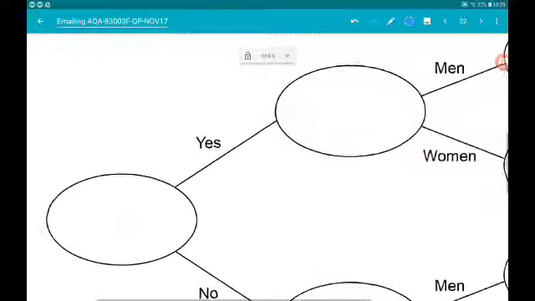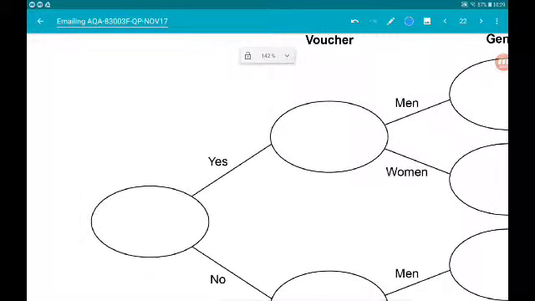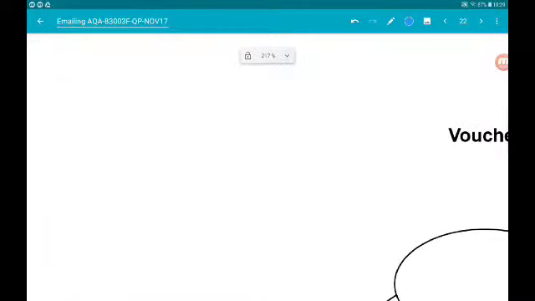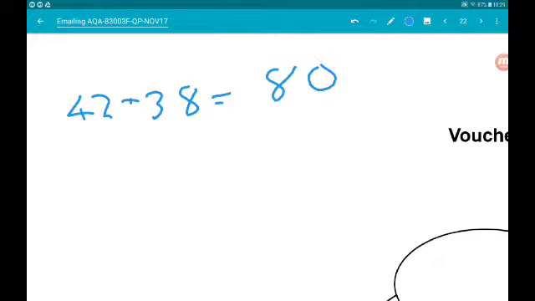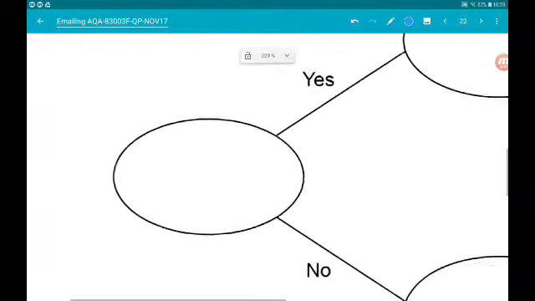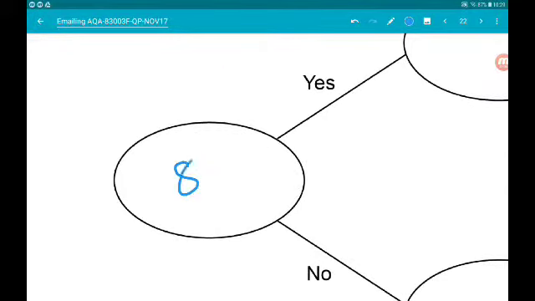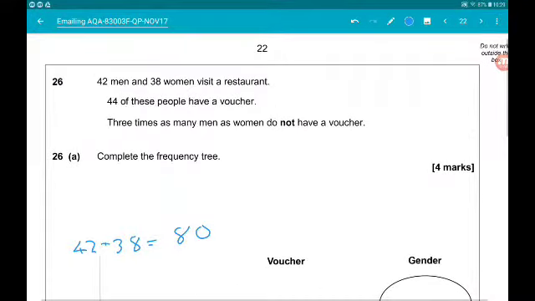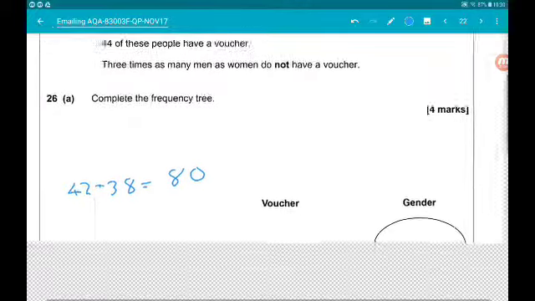So, we can work out the total number of people first. So, 42 and 38 is 80. So, there are 80 people. Now we know that 44 of these people have a voucher.